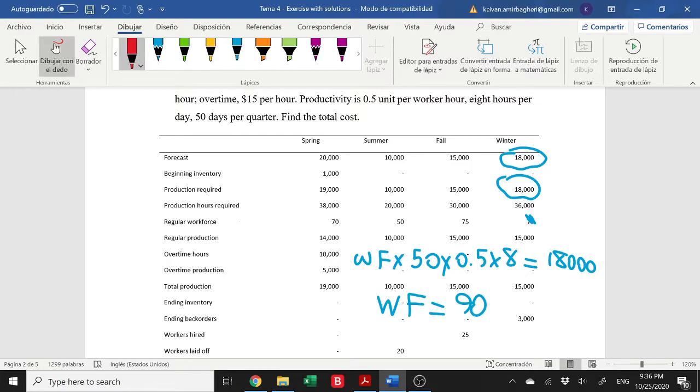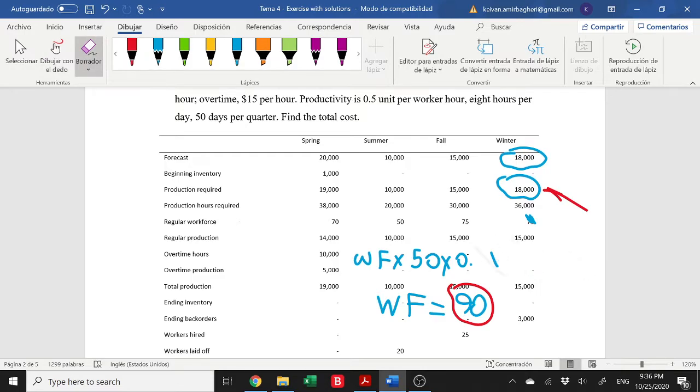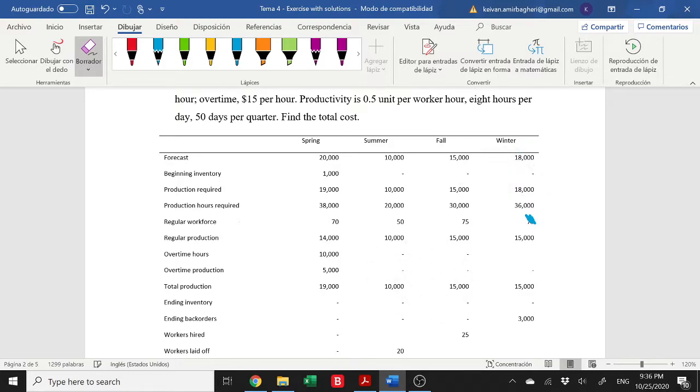Okay, so it means that to answer producing these 18,000 units of production, we need 90 workers, but we finished our fall with 75, and based on the problem, we are not allowed to hire more workers or use overtime.